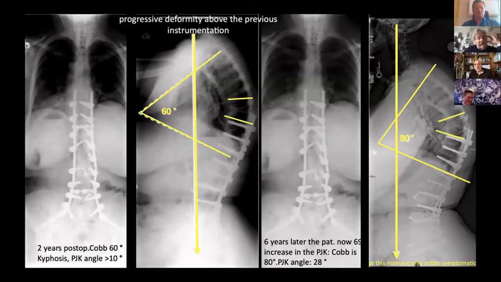On the left side, 2 years after the surgery, there is an angle of 60 degrees and a 60 degrees kyphosis, and the PJK is a little bit more than 10 degrees. On the right side, 6 years after the surgery, the patient is now 69 years old. The PJK increased to about 28 degrees, and the general kyphosis is 28 degrees.